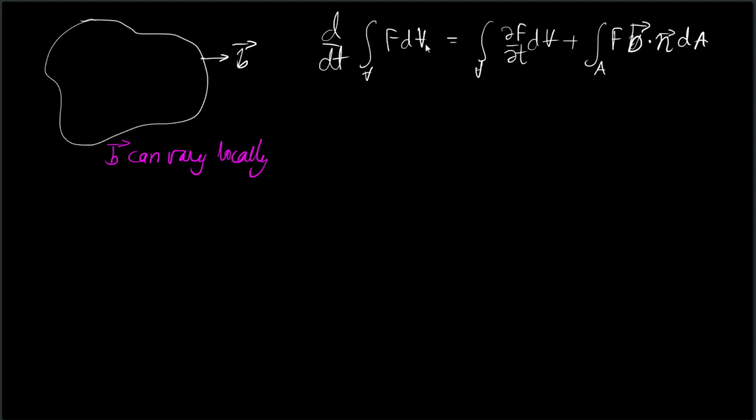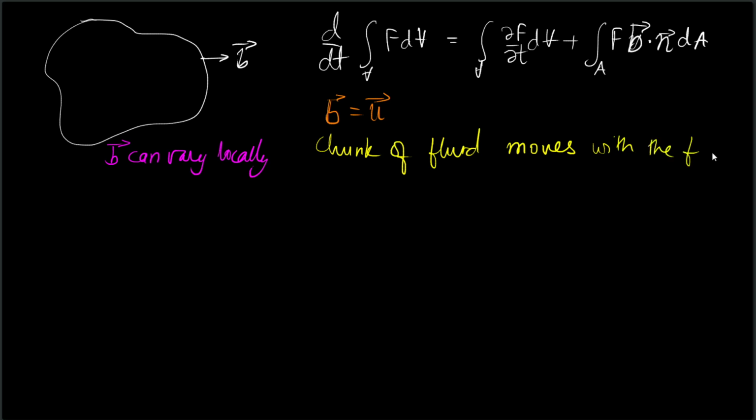All right. So when b is equal to the velocity of the fluid, then this particular chunk of fluid which we have identified, which is essentially the control mass, moves with the fluid, meaning it is advected exactly as the fluid would move.